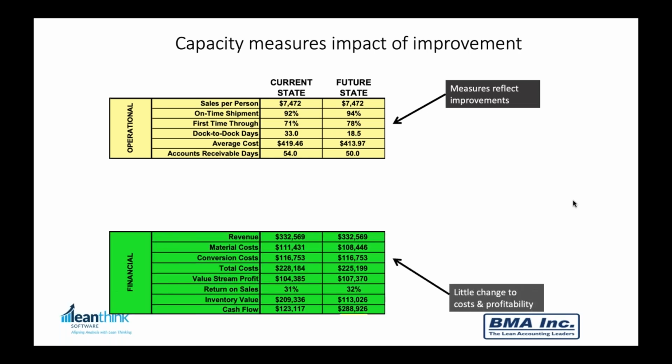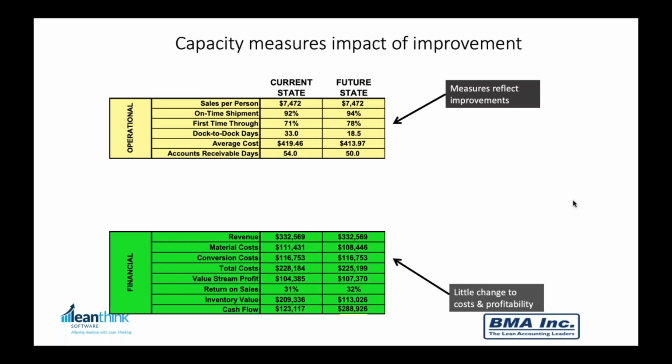The future state income statement typically doesn't show a whole lot of change in profitability. The value stream profit of $104,385 only goes up about $3,000, and that $3,000 is a reflection of a decrease in material cost because we're purchasing less inventory. You do see that cash flow has a significant impact.